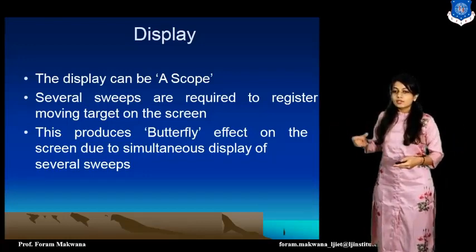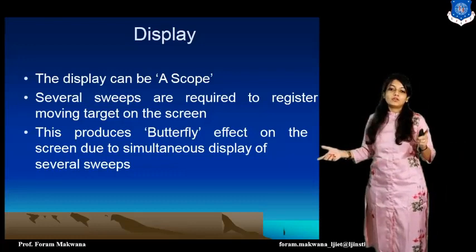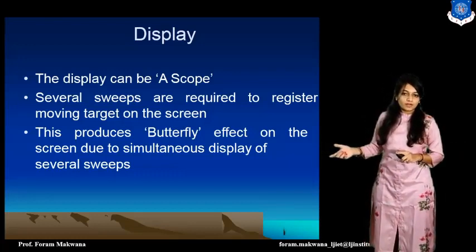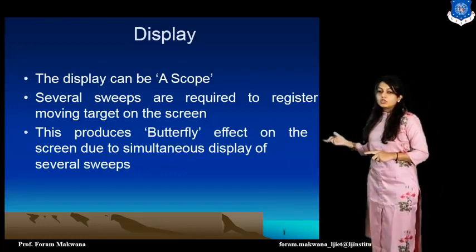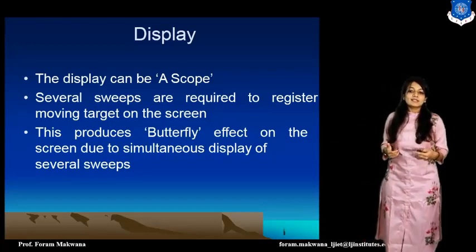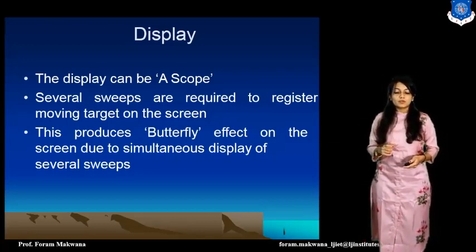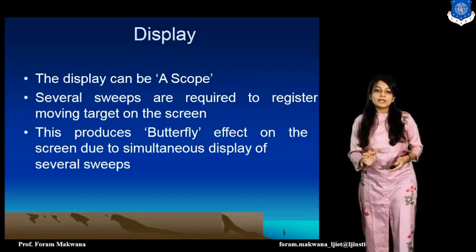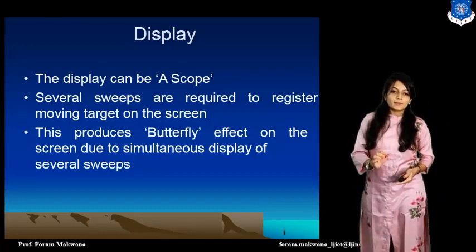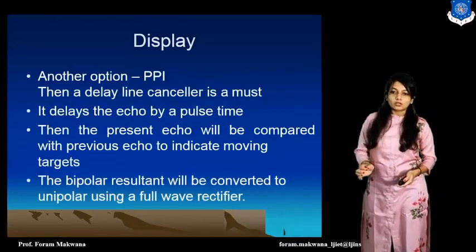To produce this butterfly effect that we discussed in the last session on the screen, due to the simultaneous display of several sweeps. Why? Because we need to indicate whether my target is moving or not.